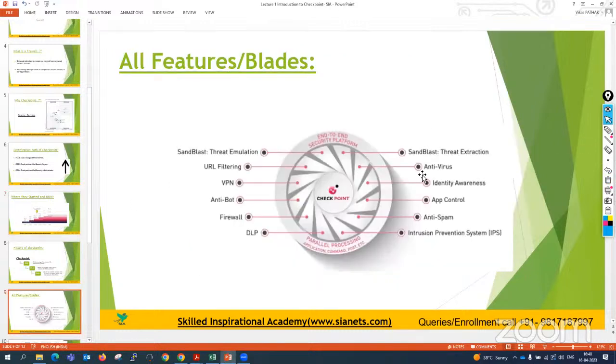Now, if you talk about the features Checkpoint provides, these are all the blades Checkpoint provides. Sandblast, threat prevention, emulation. When Palo Alto came into the market, they marketed that they are doing sandboxing.